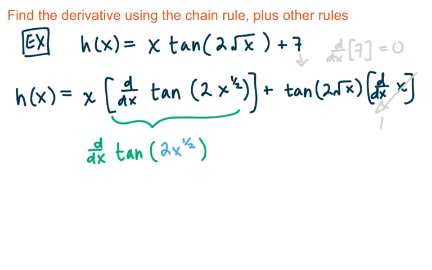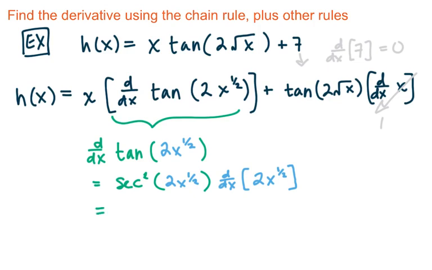So with the chain rule, this is going to be the derivative of the outside. The derivative of tangent is secant squared. So it's secant squared of that same argument. However, because we have an expression other than x in the interior, we need to take the derivative of that as well. And so this would be times d dx of 2x to the 1/2.